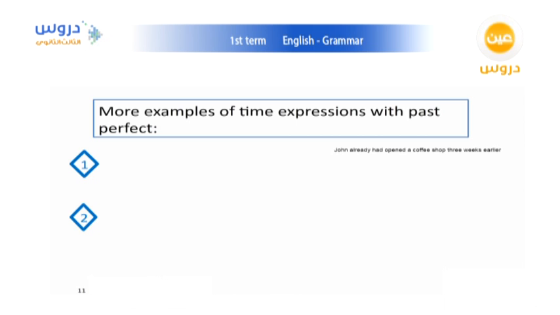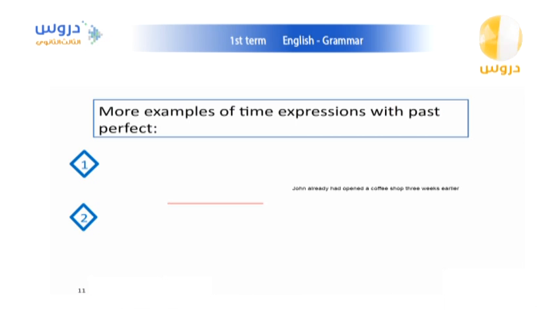So this could be an example. John already had opened a coffee shop 3 weeks earlier. So here is the past perfect. Okay, great.